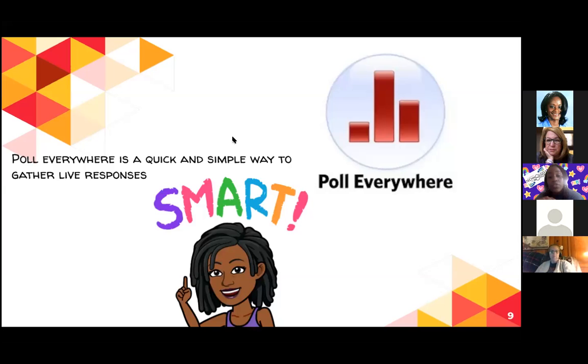So what you will notice now, you can either use the poll by using your phone, by sending a text, or you can use the website, which is great. Now, the difference with that is, if you are using a phone, they're both completely anonymous, but as the teacher, you will not know who responded to what if they're using the phone.